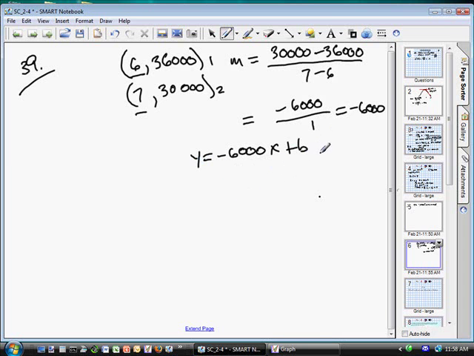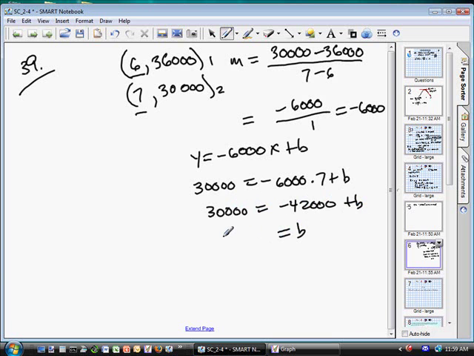Let's find B. Plug in a point. Let's plug in 30,000 for Y, and 7 for X. The slope is supposed to be negative 6,000. So 30,000 equals negative 42,000 plus B. So now I know when I add 42,000 to both sides.